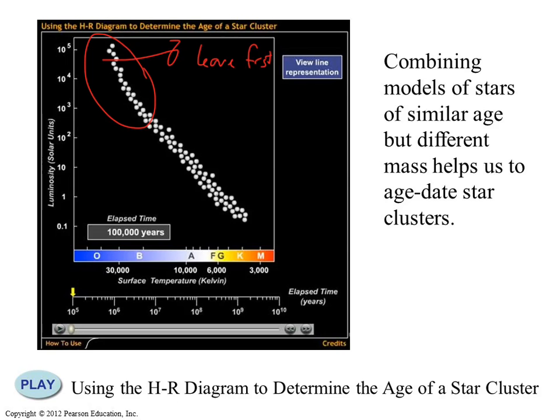And as we looked at at the end of the last chapter, you look for the turnoff point. So if all these are gone, this would be the turnoff point, for example. The lower the turnoff point, the older the cluster. Does that make sense?